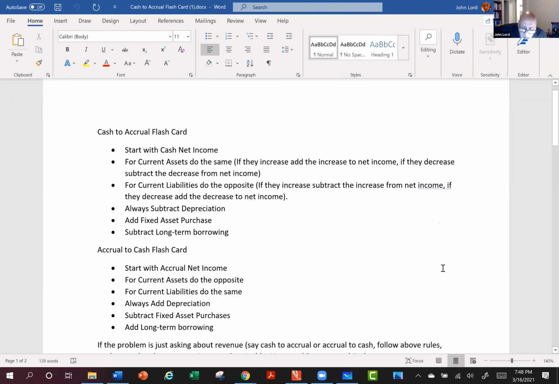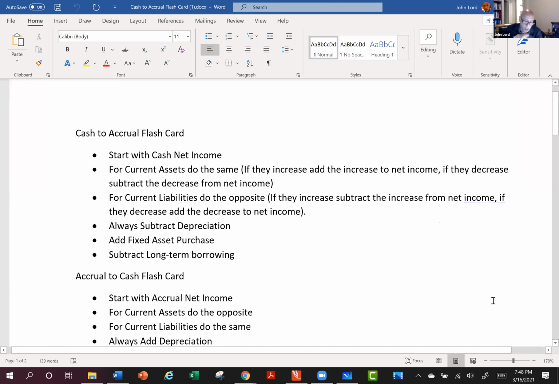Okay, so if the problem asks me to go cash to accrual, you're going to do these the same every single time. You will start with the cash net income. This is basically what we just did in the little example I gave you. We would start with the cash net income, and we would look at the current assets. For current assets, I say do the same. In other words, if the current assets increase, add the increase to net income.